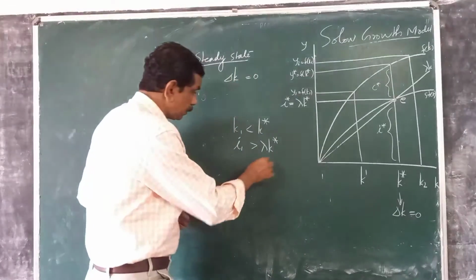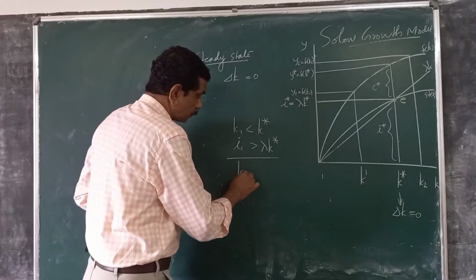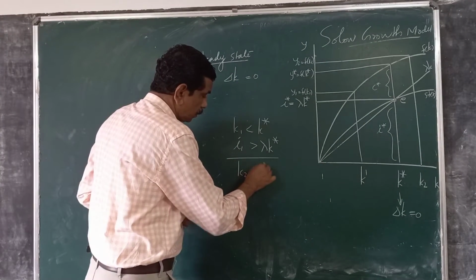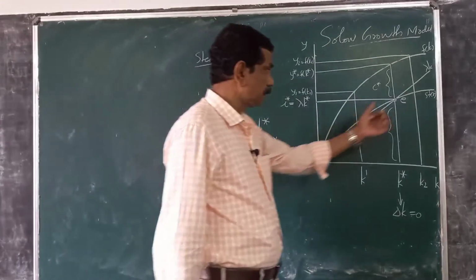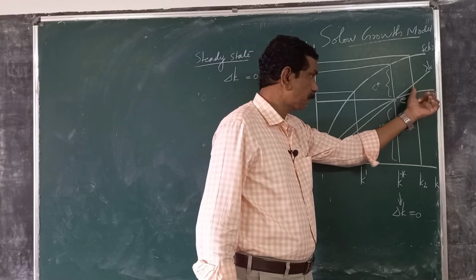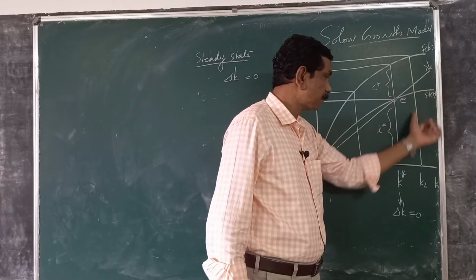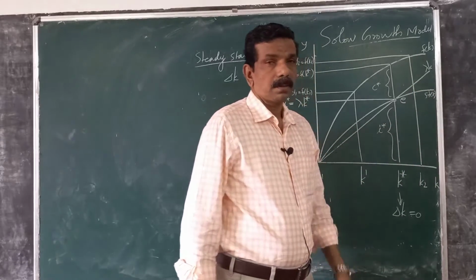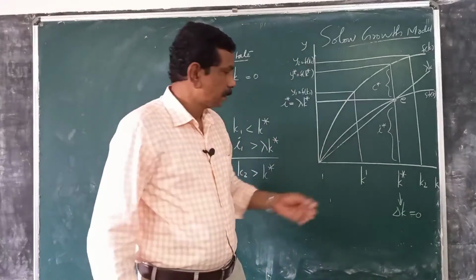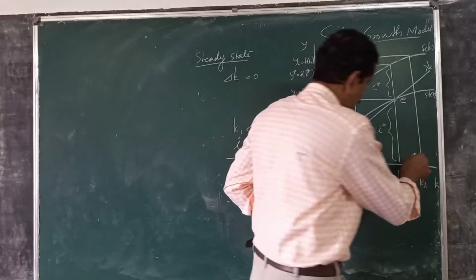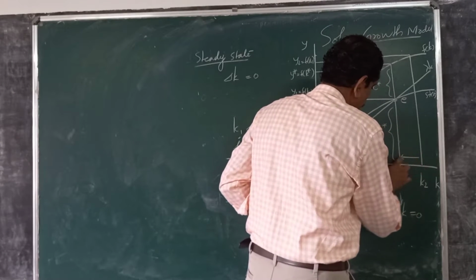Suppose that initially the economy is at K2, where it is greater than K star. Here you can see that depreciation per head is greater than savings or investment per head. So K by L decreases over time. Again, this process goes on until K star is reached.